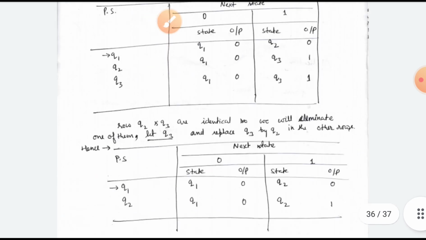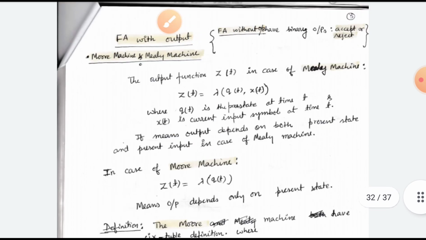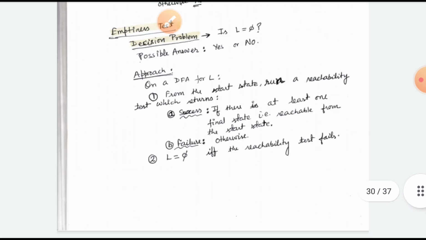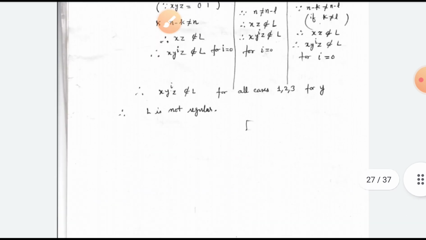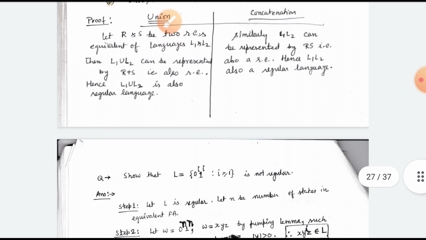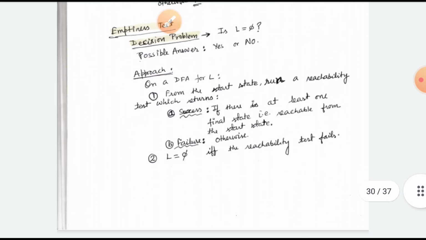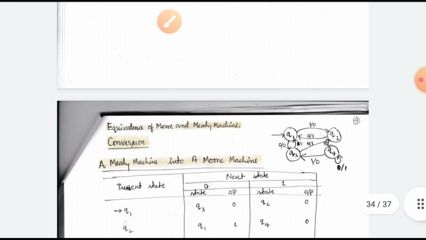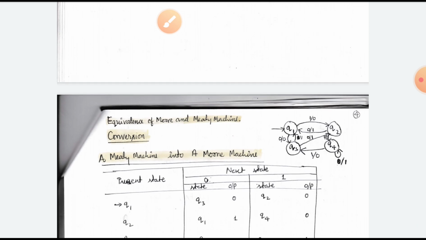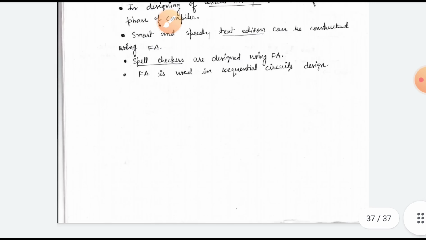Now another thing is optimization. Actually, I have discussed it in the first unit revision also, but here we can note some points on why we need optimization.